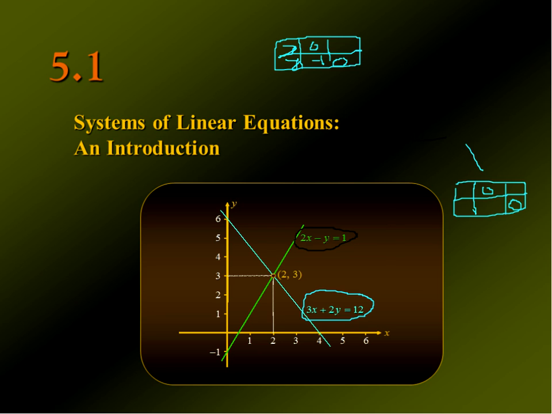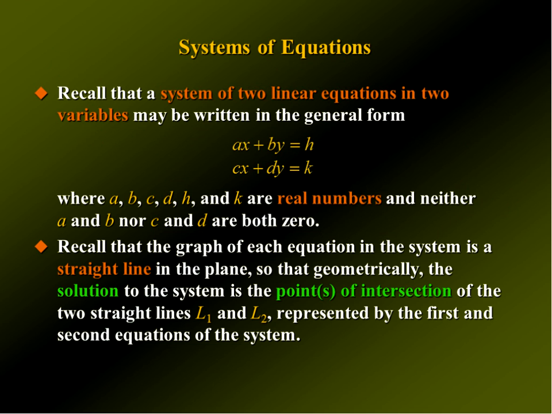Now next, system of equations. Recall that the system of two linear equations in two variables may be written in the general form: ax plus by is equal to h, and cx plus dy is equal to k, where a, b, c, d, h, and k are real numbers, and neither a, b, c, nor d is 0.